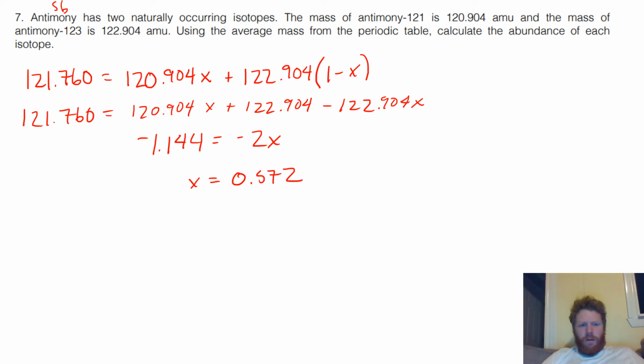0.572. So what that means is x, the abundance for the antimony Sb121, is 57.2%, whereas Sb123 has an abundance of the difference between this and 100, which is 42.8%.